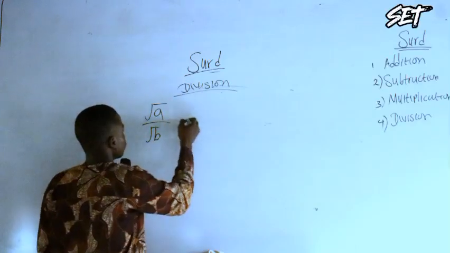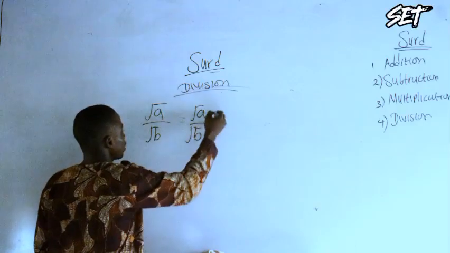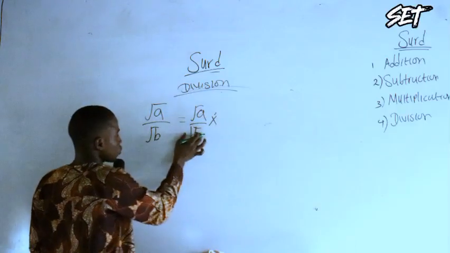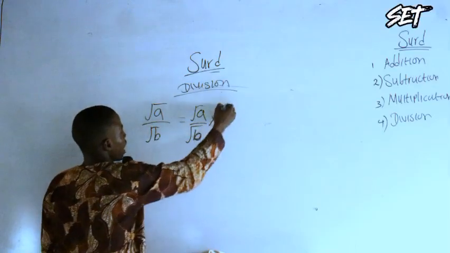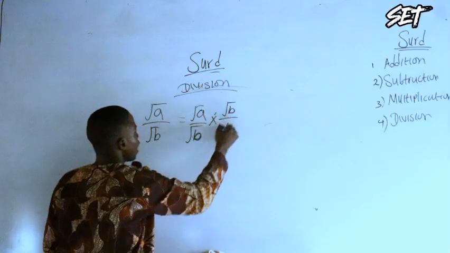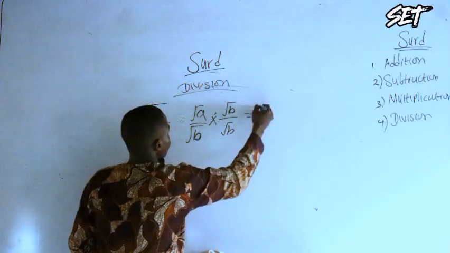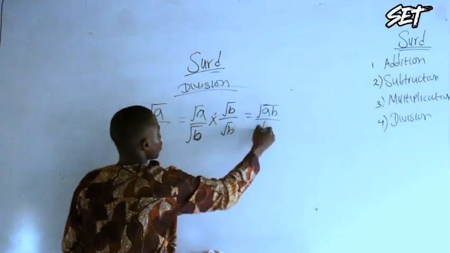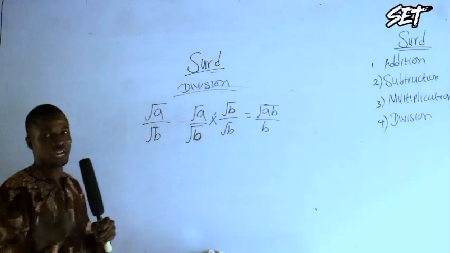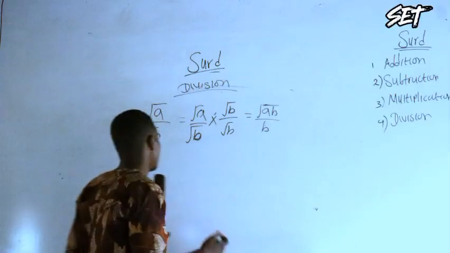That's why you need to do it like this: root A all over root B. You now times the root B twice: root B all over root B. This one times this will be root AB, and this one times this is B. That's the answer.